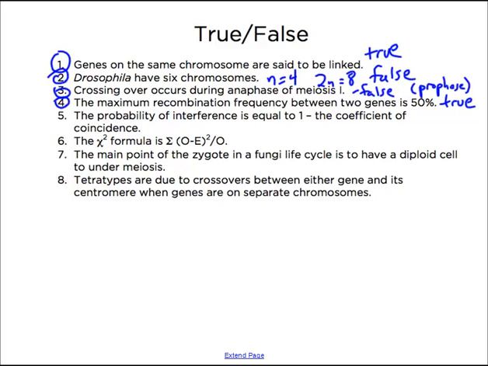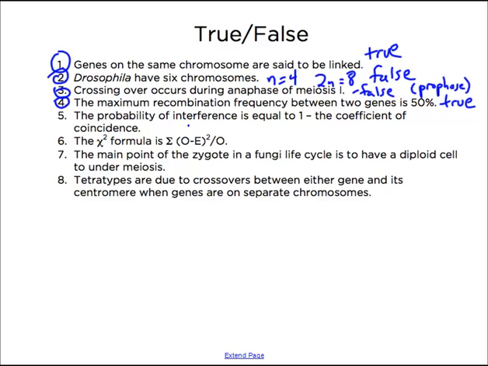The probability of interference is equal to 1 minus the coefficient of coincidence. Well, yes, interference and coincidence are basically the opposite of each other. Coincidence refers to the number of crossovers you expect to see. Interference refers to the ones that you expect to see that don't in fact occur.